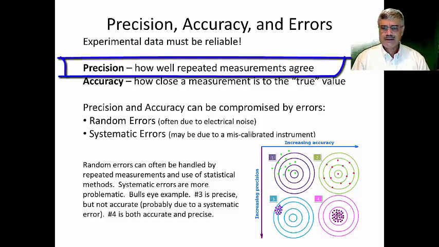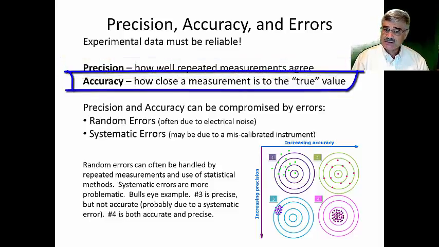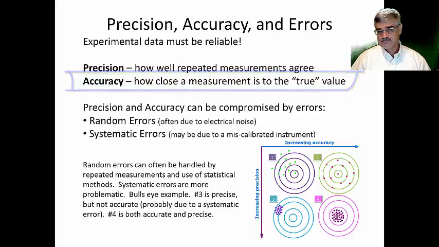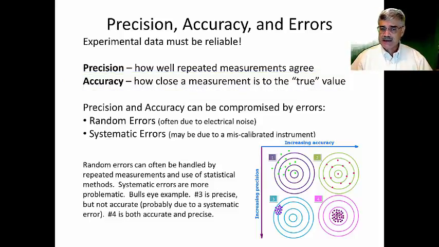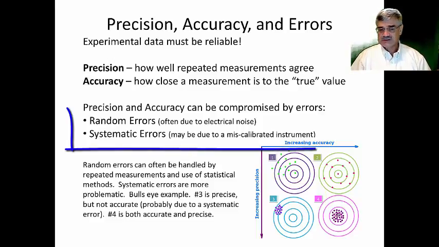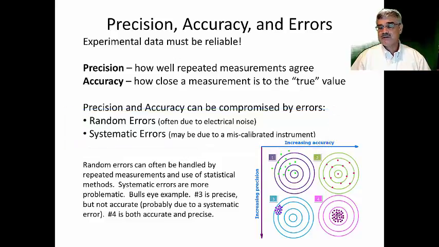Precision is how well repeated measurements agree with one another, and accuracy is how close the measurement is to a true value, if in fact the true value is known. The precision and accuracy of measurements can be compromised by errors, which can be either random errors, such as that due to electrical noise, or systematic errors, which might be due to a miscalibration of an instrument.